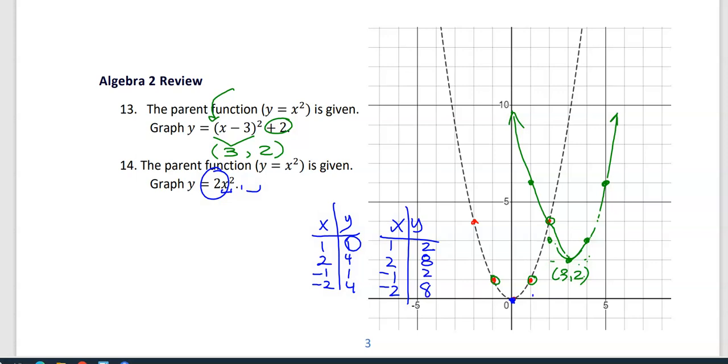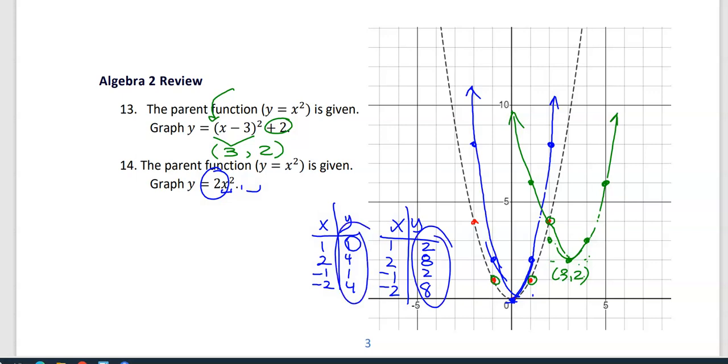So if I go 1 to the right, up 2, and 2 to the right, up 8, and 1 to the left, up 2, and 2 to the left, up 8, this would be the answer to problem 14 as a graph. So the graph's going up twice as fast as it did originally because all the answers are double what they were originally.